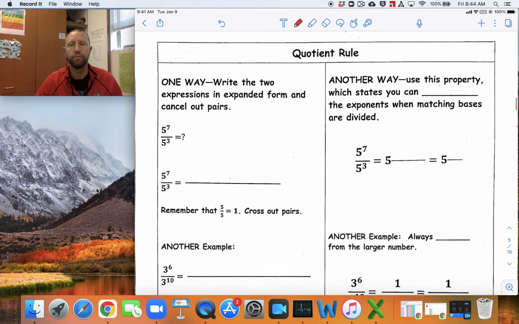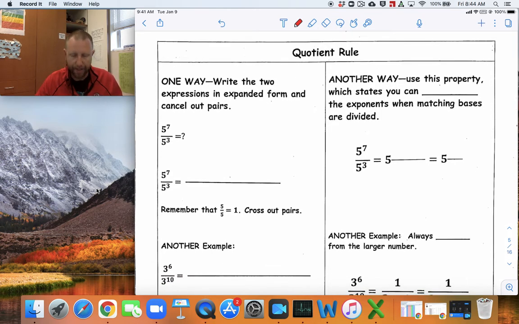The next rule that we're going to talk about is the quotient rule. And you guys know quotient means answer to a division problem. So we're going to talk about what to do when we're dividing exponents. So here it says one way, again, is to write them out in expanded form and cancel out the pairs. So I've got 5 to the power of 7 divided by 5 to the power of 3.